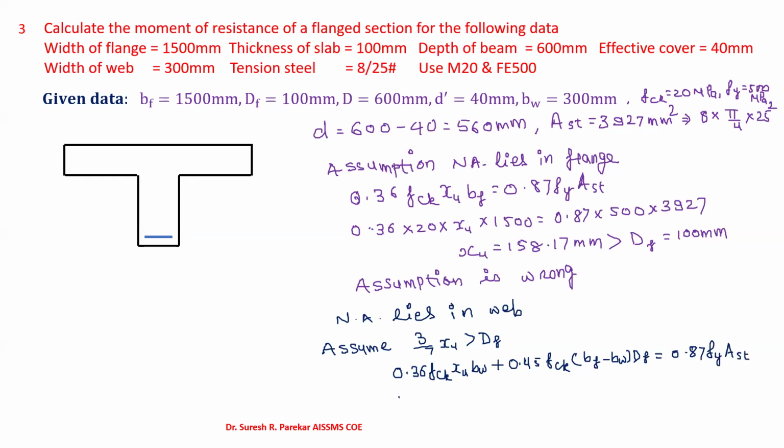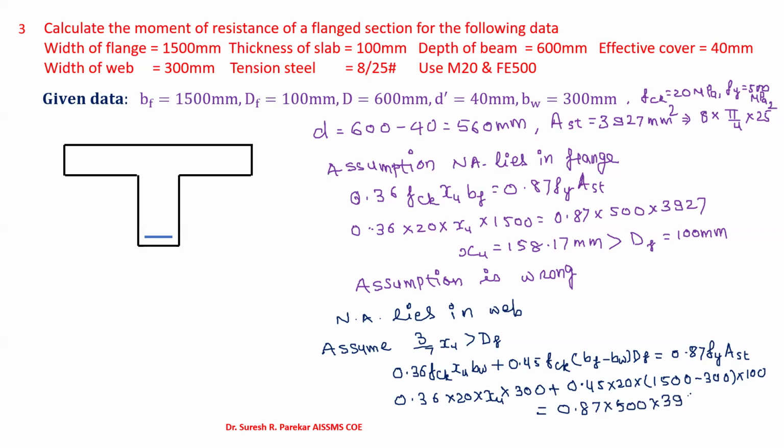And now if we put values in this equation, 0.36 into 20 XU BW we have 300 plus 0.45 FCK we have 20 into BF minus BW, 1500 minus 300, and DF we have into 100, which is equal to 0.87 FY we have 500 into AST 3927.